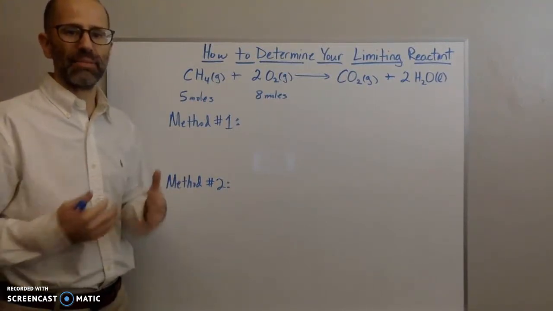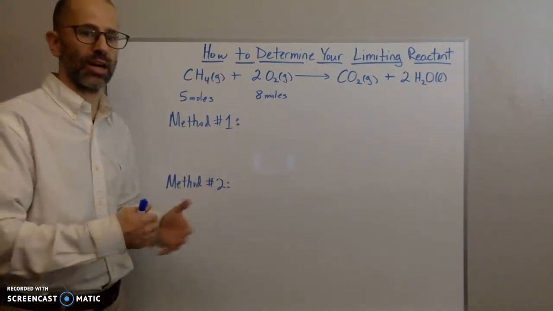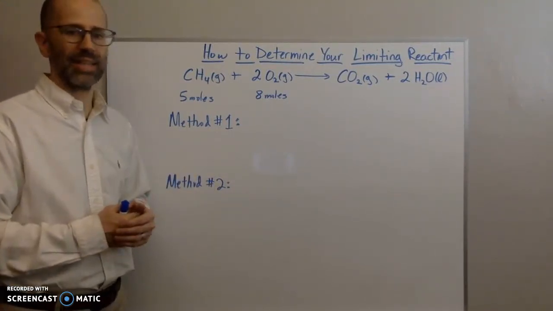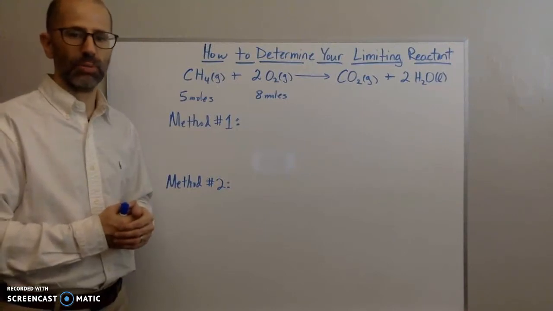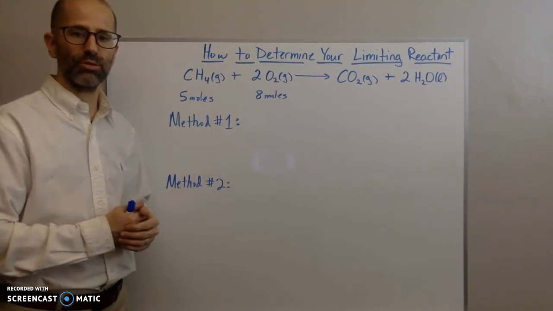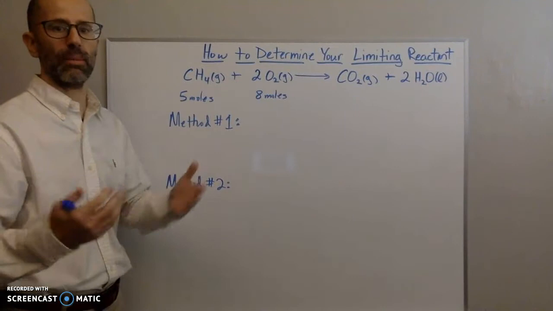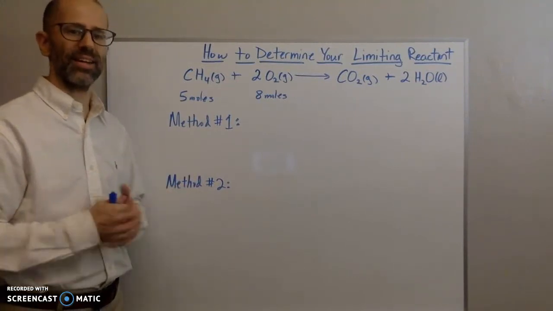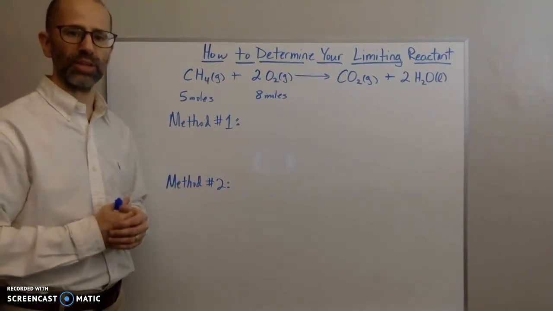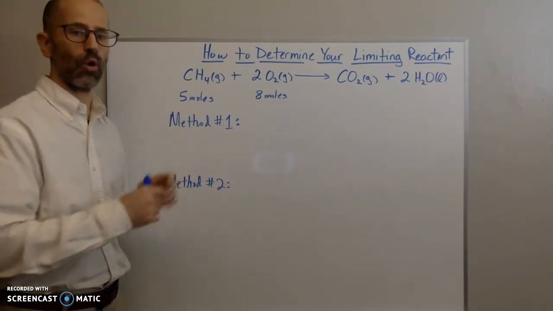Anytime they use language like "completely react" or "you have enough" or "assume you have enough," it's not a limiting reactant problem. But if they just throw 2 amounts of reactants at you and ask what's the maximum amount, then it's a limiting reagent problem. So you have to check to see which one is the limiting reactant and then go from there.